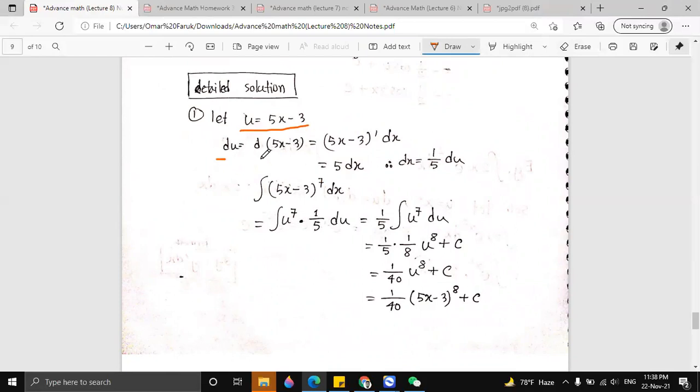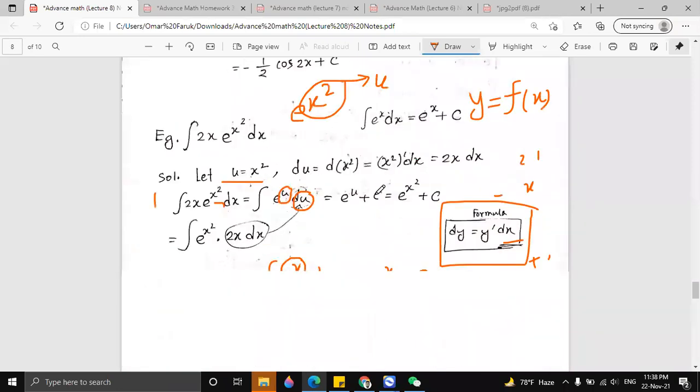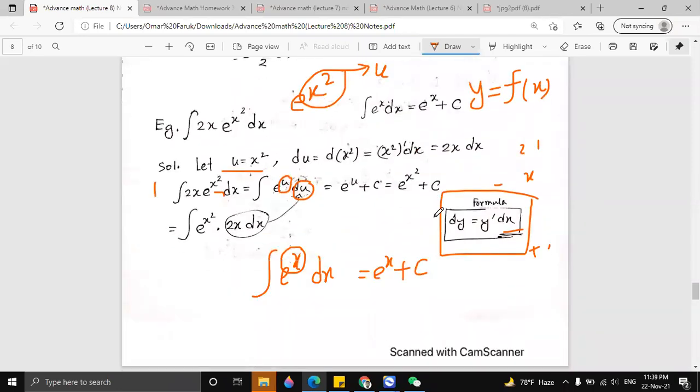Then I differentiate on both sides, and this part will be the derivative of 5x minus 3 times dx, right? From our small formula. Remember, dy is equal to y derivative dx.